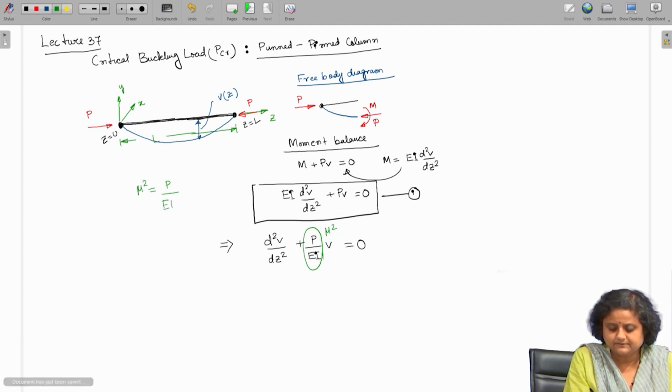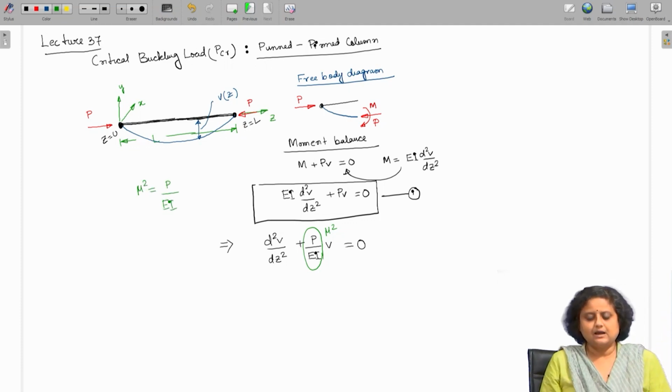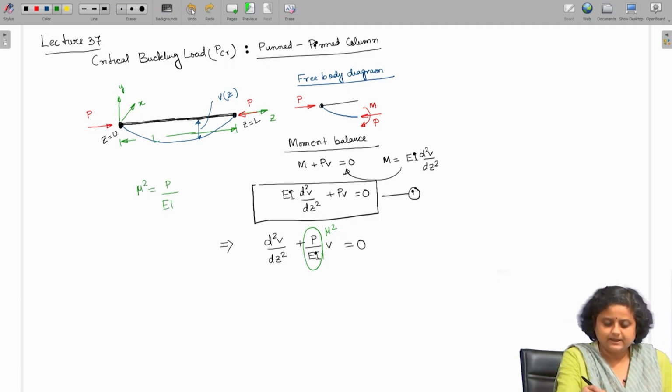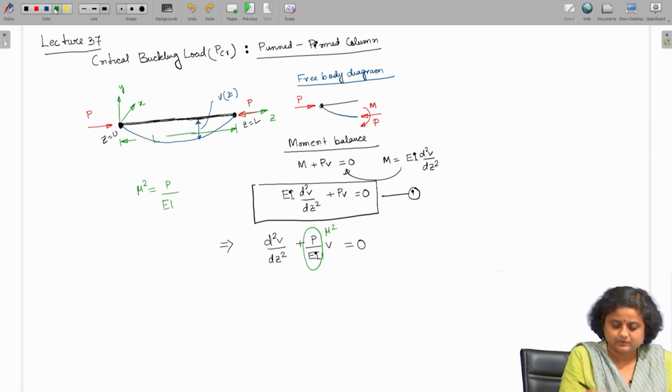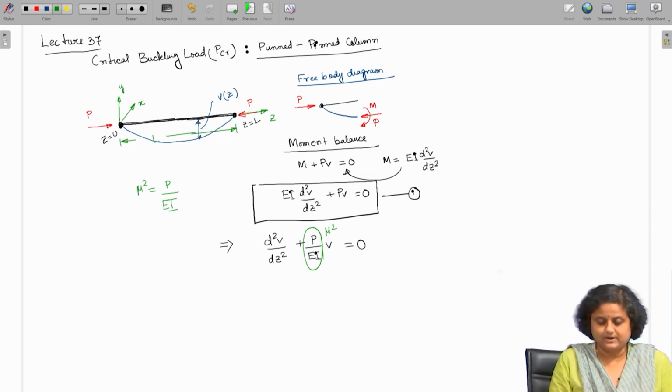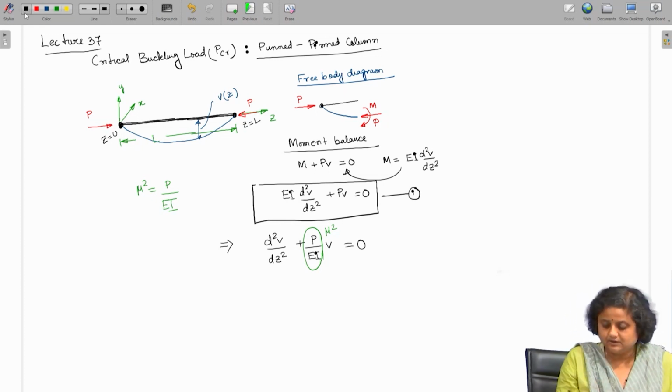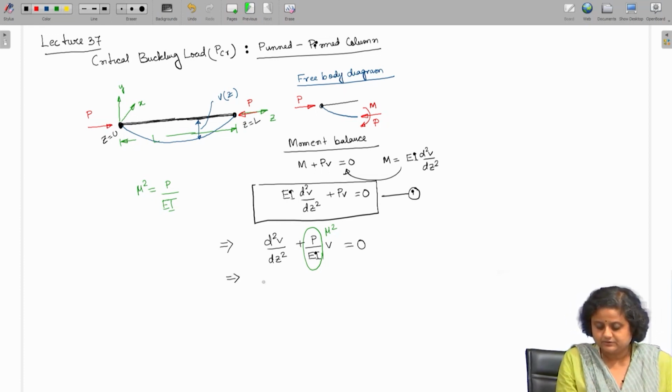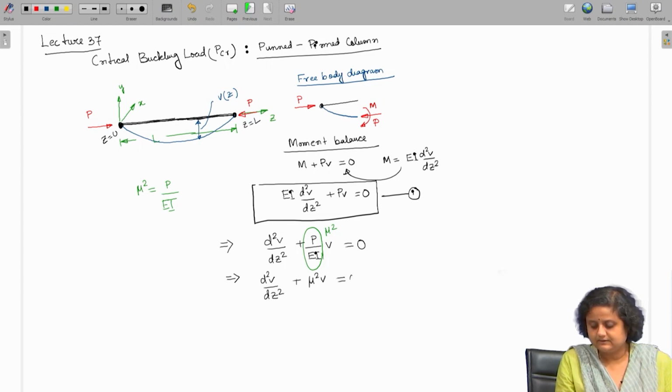Just for the simplicity of the expression, I am replacing P by EI as mu square. Therefore, this equation becomes d2V by dz square plus mu square into V is equal to 0.